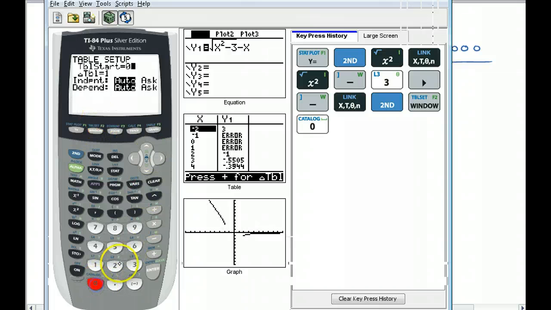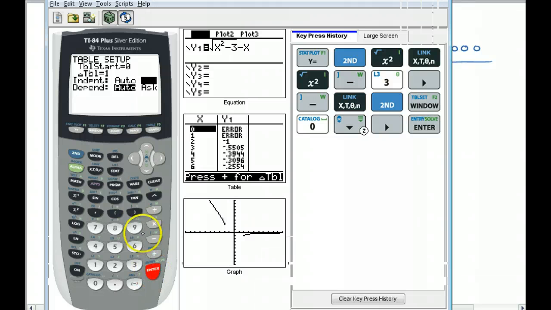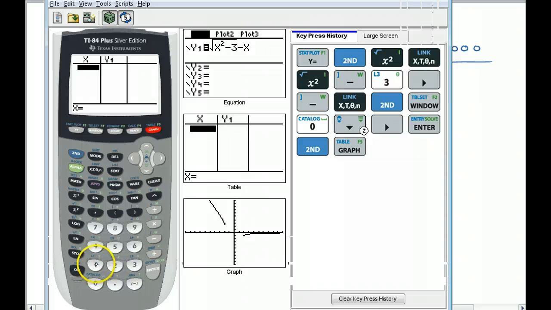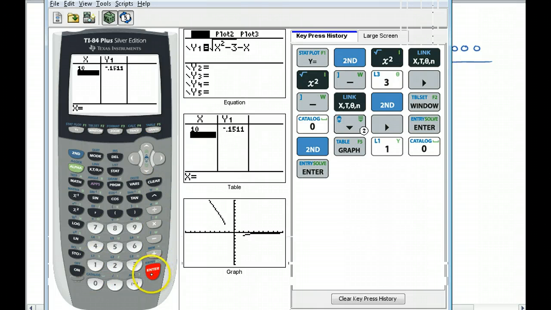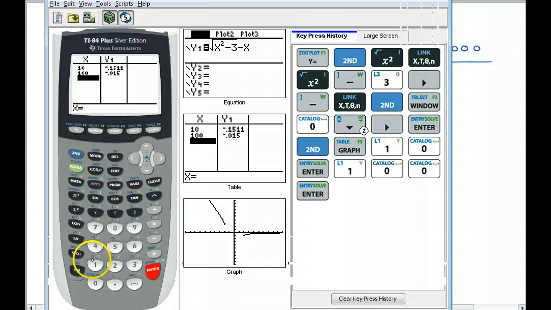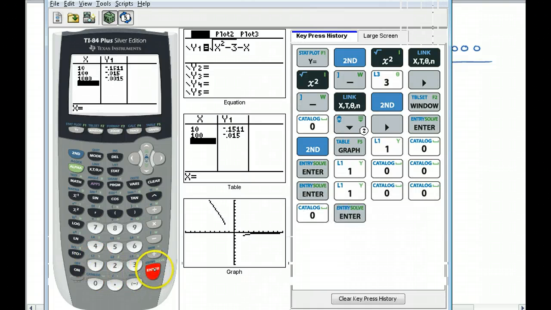Let's check out the table of values. We can start at 0, but it doesn't matter because I'm going towards infinity. I don't care what I move by. I want the calculator to ask me. At 10, what do I have? Negative 0.15. At 100, it's about the same. At 1,000, what do I have?